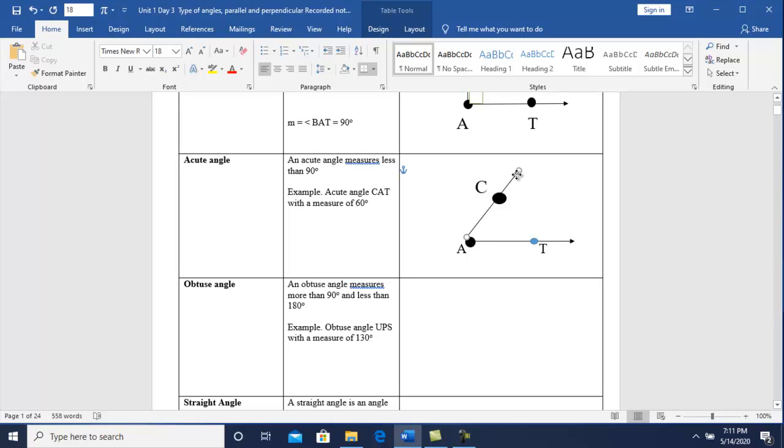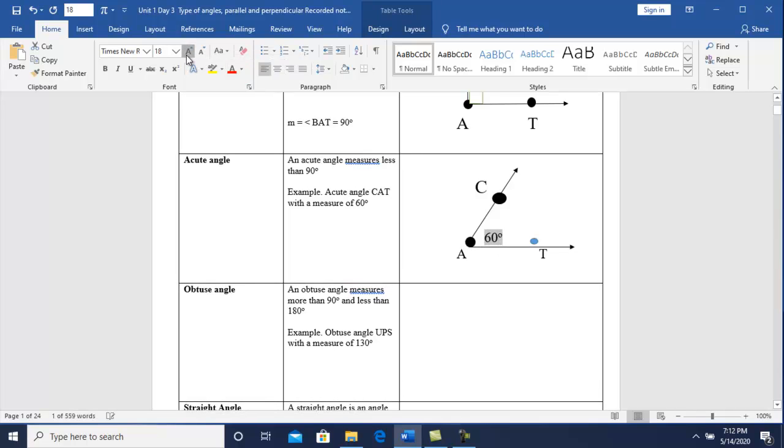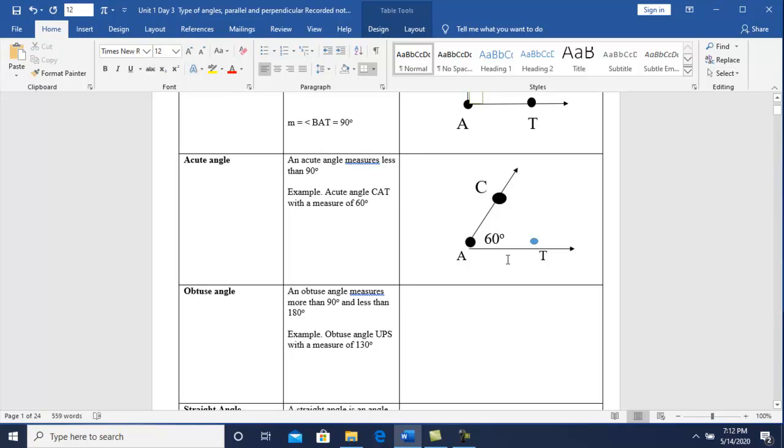Where would we put 60? Remember, the angle measurement is going to go in the corner. So the angle measurement there is 60 degrees.